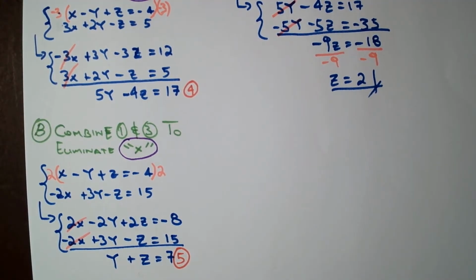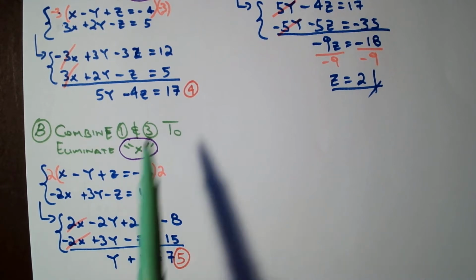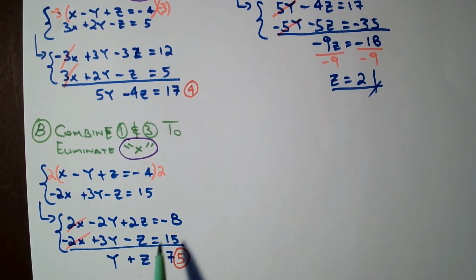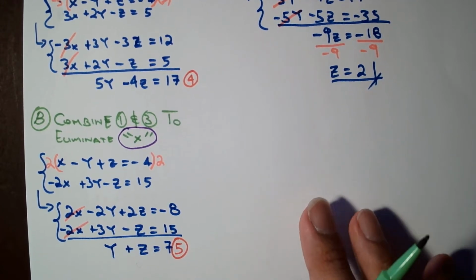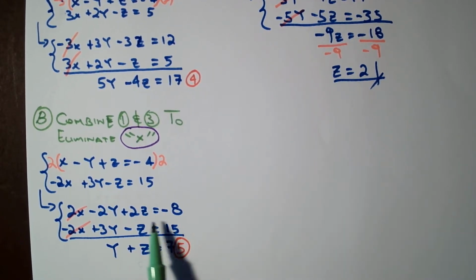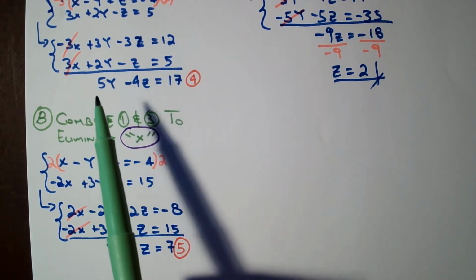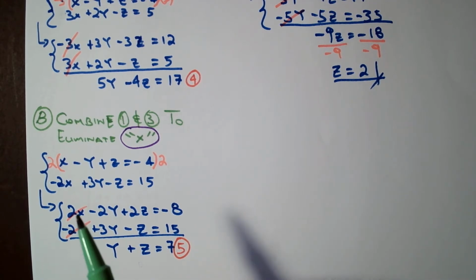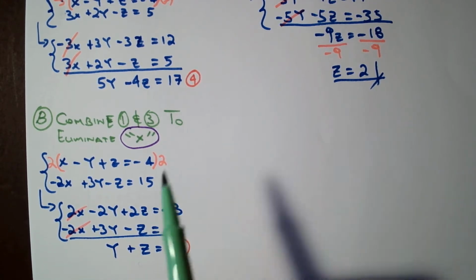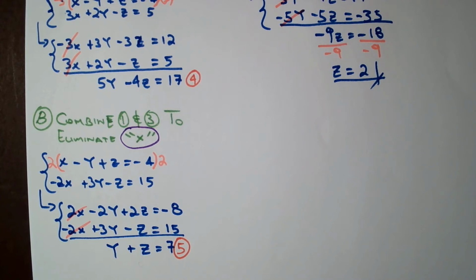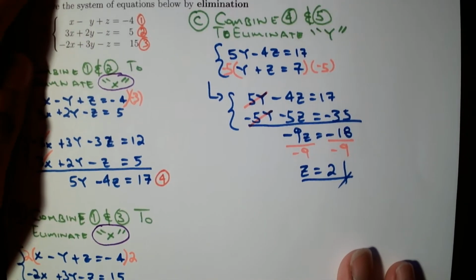Well, in this case, we might want to choose the equation that looks easier to work with. And if you think about it, you are correct. Equation 5 is the easiest one to work with, because look at the coefficients of y and z. They're 1. Of course, if you want to work with number 4, make it a little bit harder, you should get the same thing, all right? But in this case, let's just go the easy way, the best way.